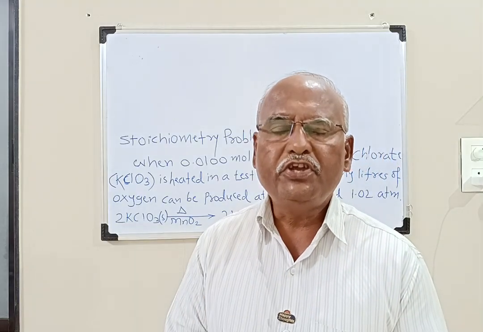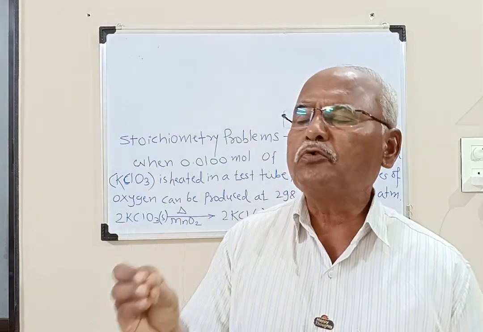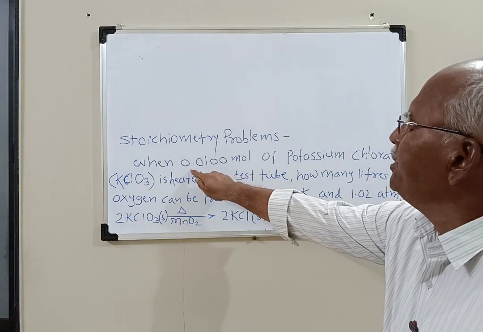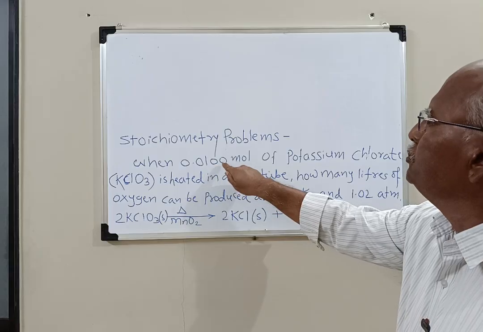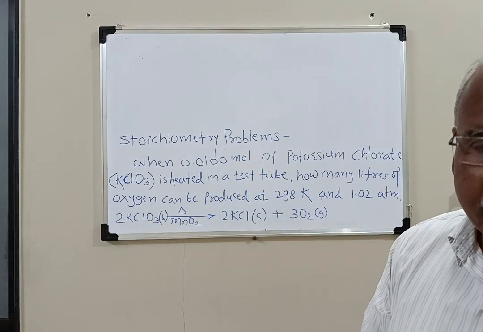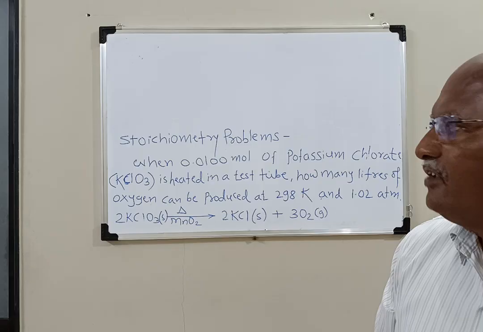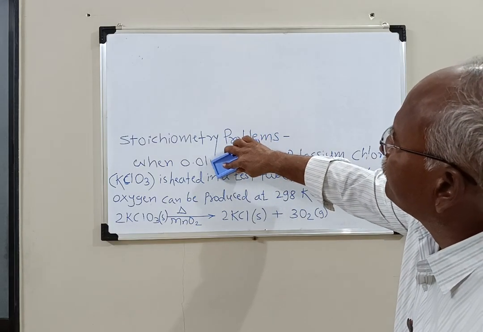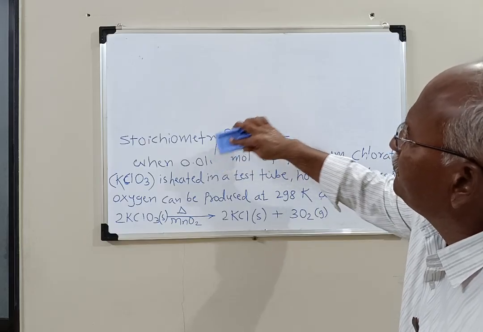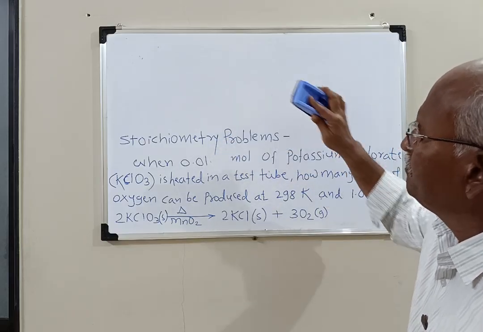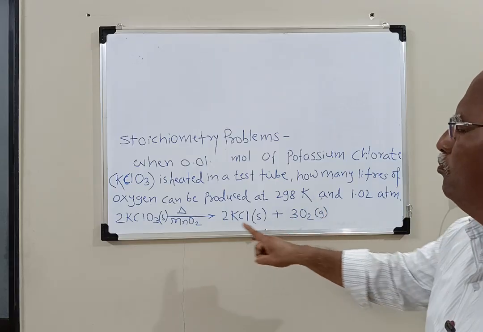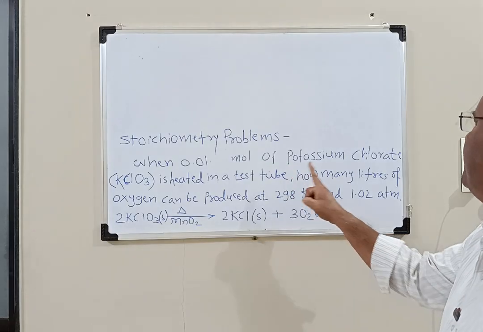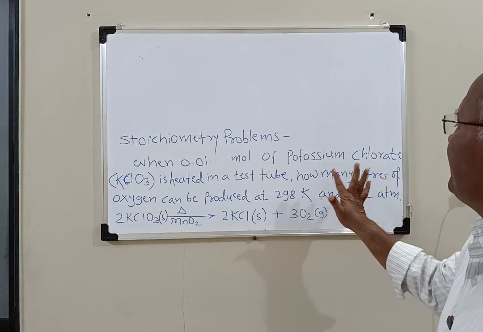When you heat a small amount of potassium chlorate, its quantity is also given: 0.0100. Here, for simplicity, I remove these two zeros. The value will be the same, 0.01 mole of potassium chlorate. It is heated in a test tube, and what is asked?